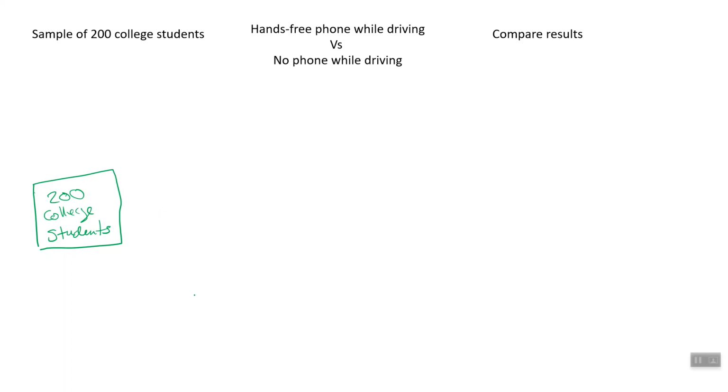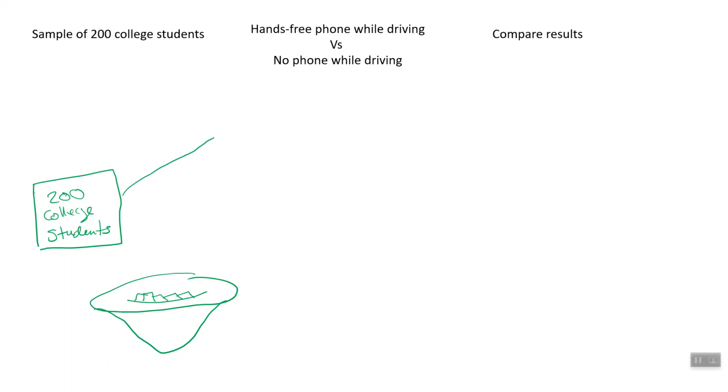Another way, we could use our simple random sample sombrero. So there's my sombrero. And we could take a bunch of pieces of paper, and we could write, no phone on some of them, phone on some of them, and they could each pick a piece of paper out and then see which group they go into.